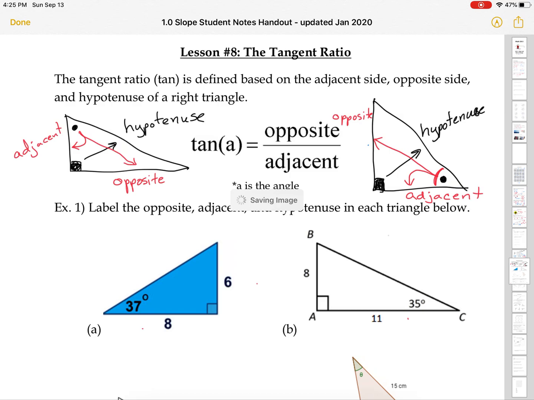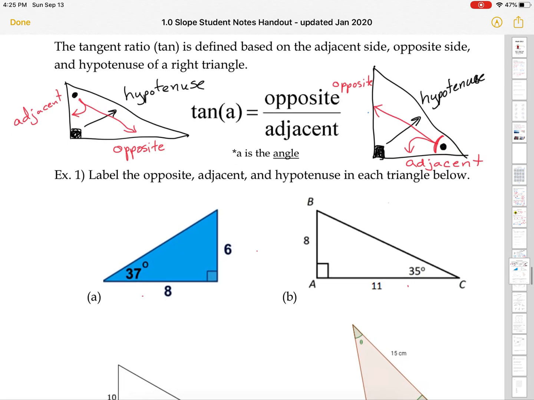Now, let's use this and label these triangles. We're always looking from the angle indicated. Here we're looking from 37, and it wants us to label the opposite, adjacent, and hypotenuse. So we're just going to label op, adjacent, and hypotenuse so that we save a little time and space.